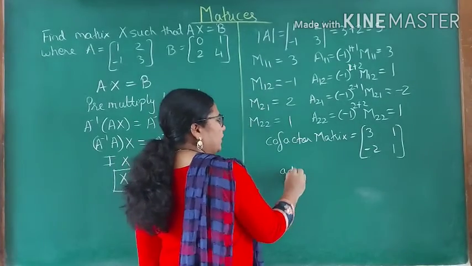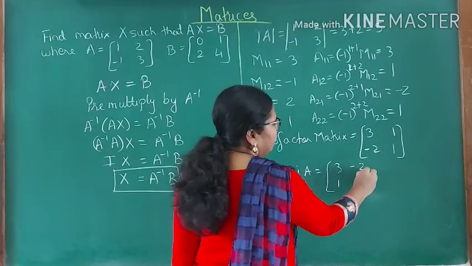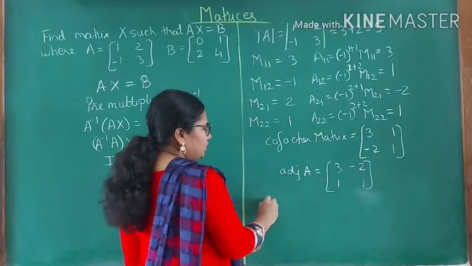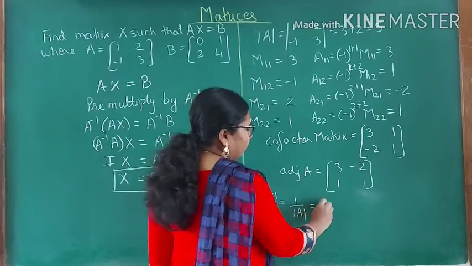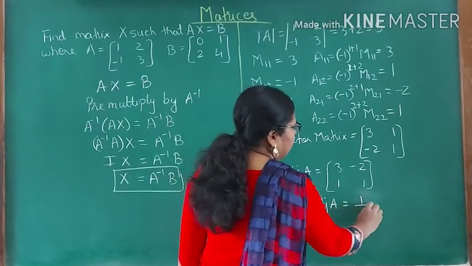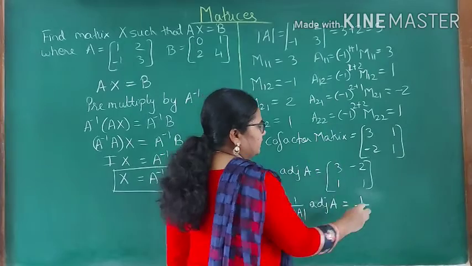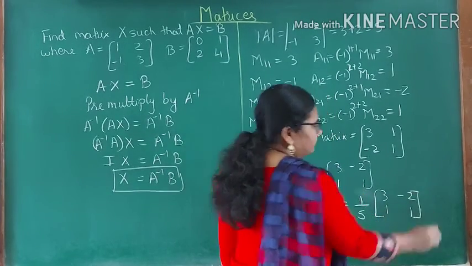Then adjoint of A will be equal to interchanging the rows and columns: 3, 1, minus 2, 1. So A inverse is equal to 1 upon determinant of A into adjoint of A, that is 1 upon 5, as determinant of A is 5, into 3, minus 2, 1, 1.